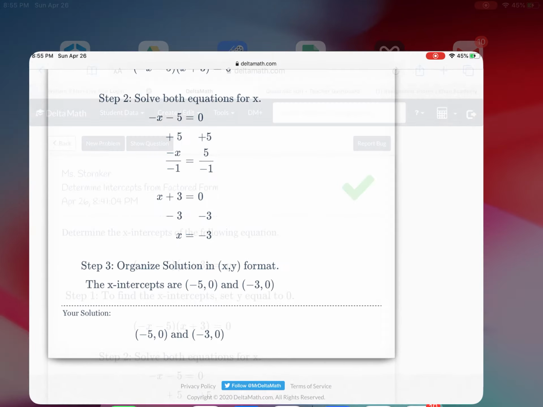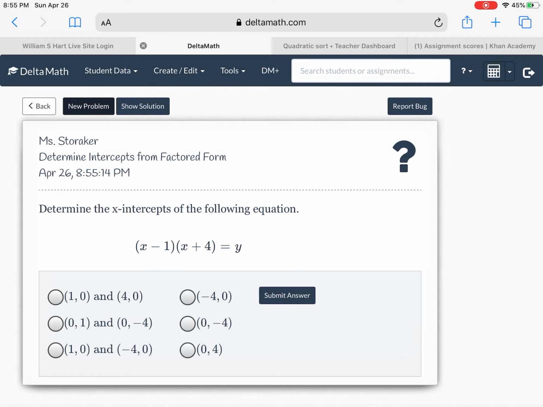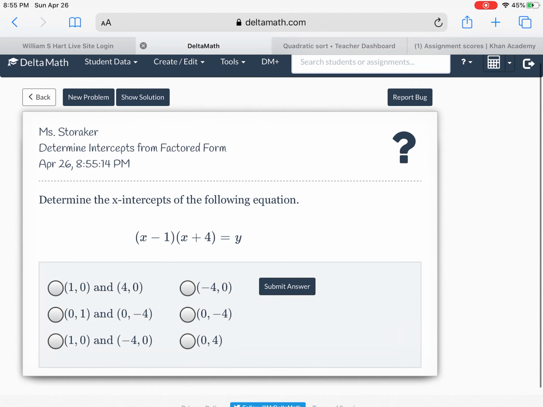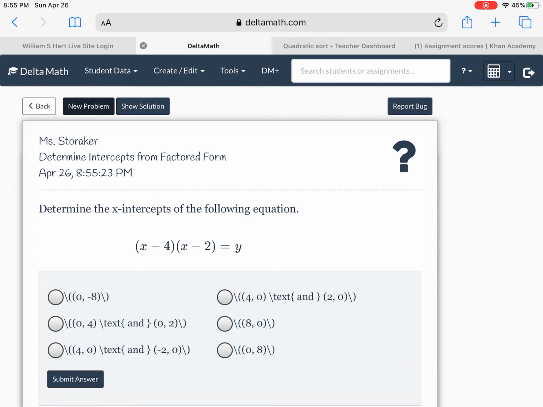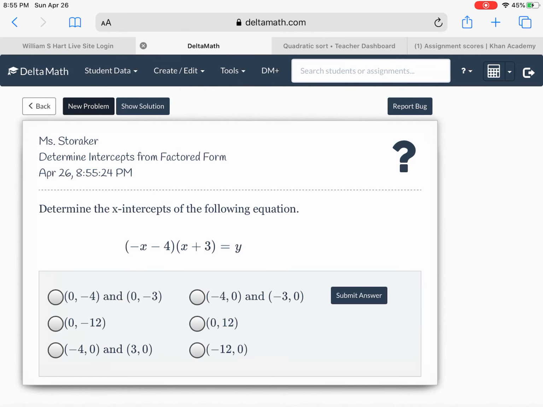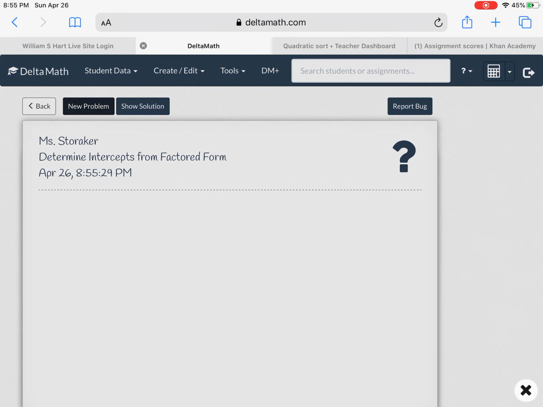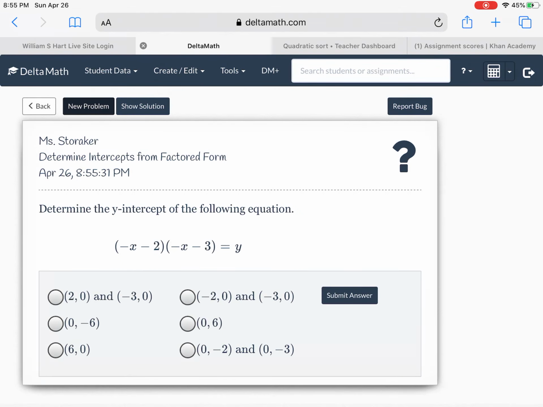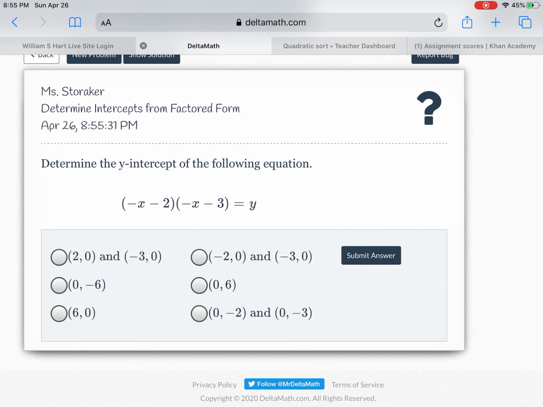Okay, I'm going to do another one. New problem. This one's pretty easy. It doesn't have something in the front. That one we've already done with a negative. I'm trying to see if they give you one with a number in front. Ooh, right here.